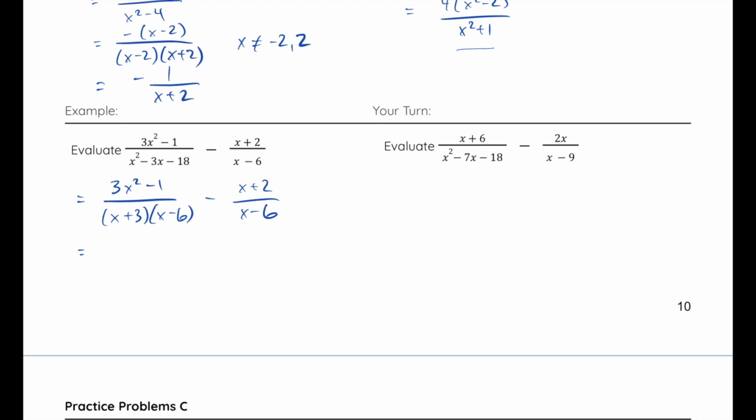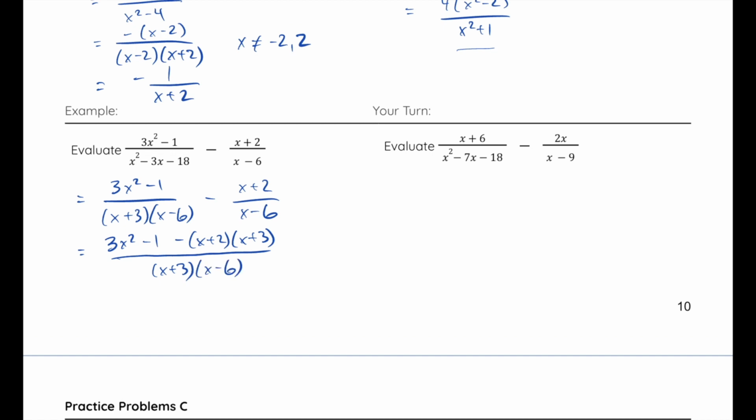And so what that would leave us with is 3x squared minus 1 minus x plus 2 times x plus 3 all over x plus 3 times x minus 6.